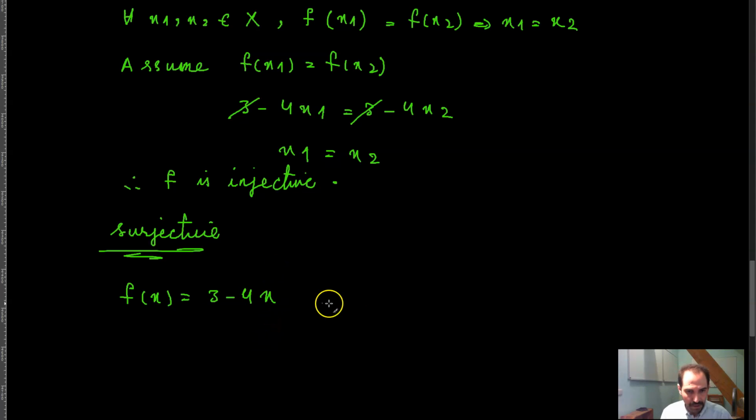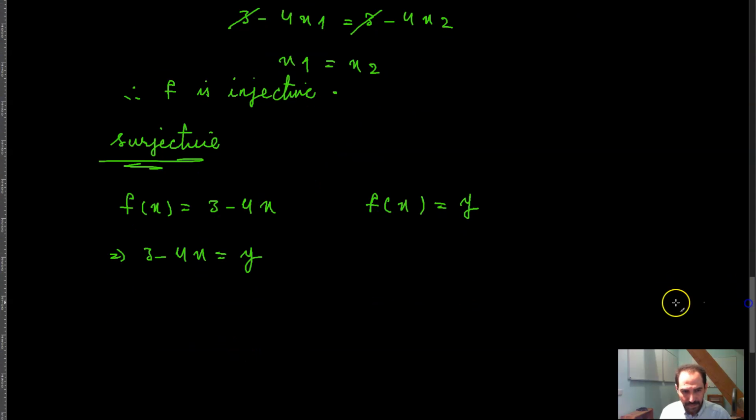Now, if I call f of x the output of the function, let's call it y for the time being. Let's say that f of x is equal to y. That means that basically 3 minus 4x is equal to y. And now, how can I find x in terms of y?